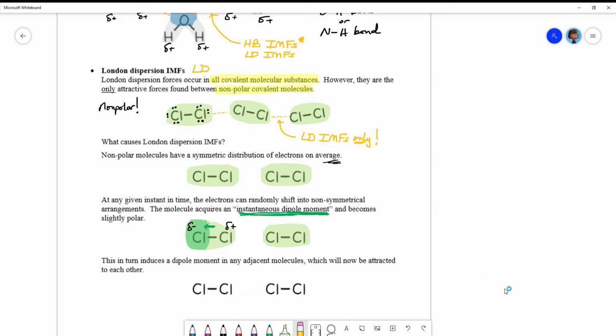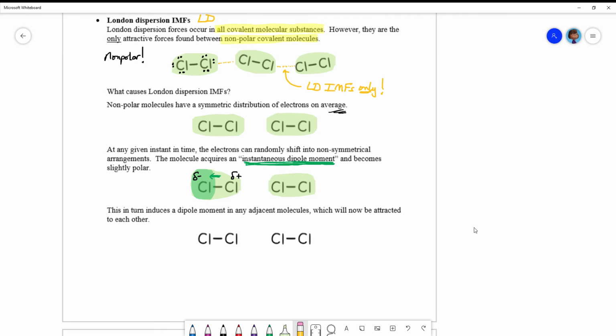And this is exactly what happens. We say that the molecule that has an instantaneous dipole moment then induces a dipole moment in the adjacent molecules.